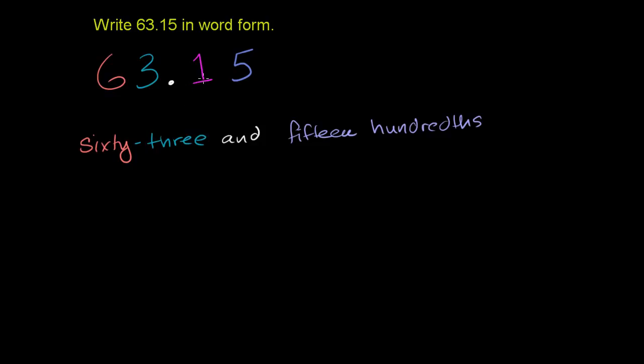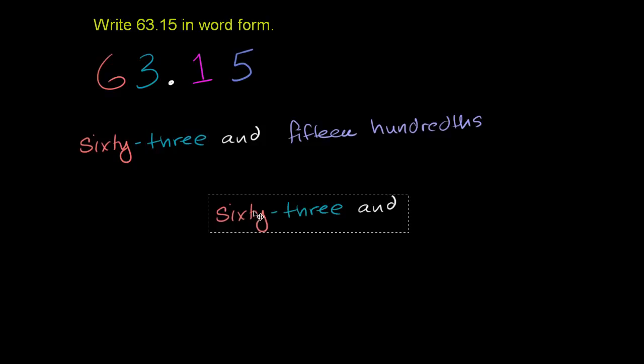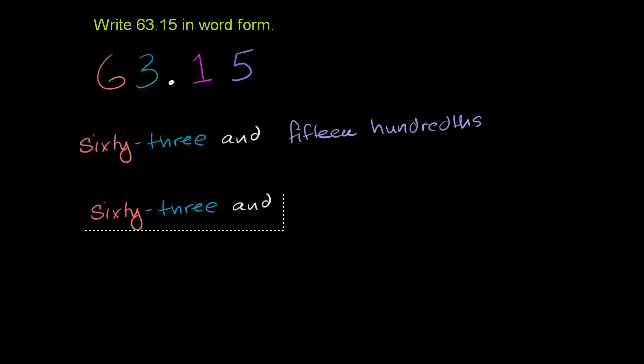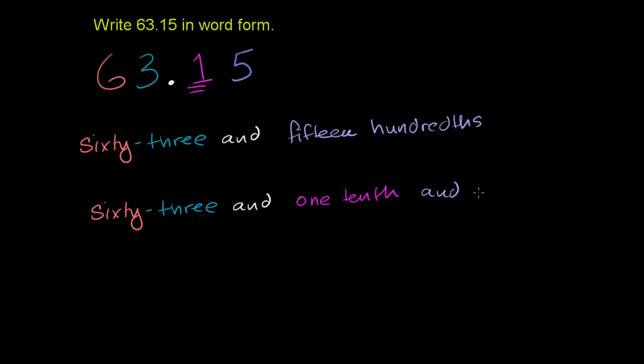Now, it might have been a little bit more natural to say, hey, how come I don't say 1/10 and then 5/100ths? And you could, but that would just make it a little bit harder for someone's brain to process when you say it. So it could have been 63 and 1/10 for this digit right there, and 5/100ths.